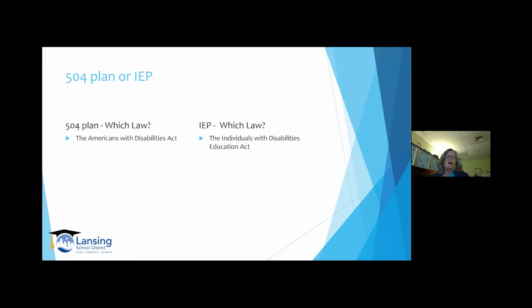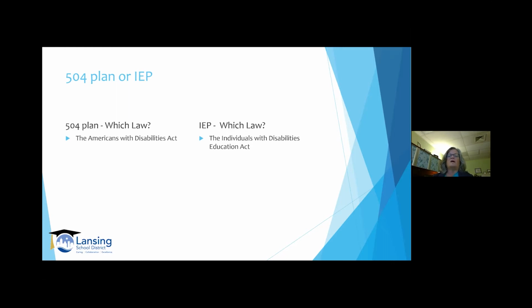So when we talk about 504 plans and IEPs, there are different laws that govern each of these plans. And so in talking about them, which law? In 504 plans, we talk about this through the Americans with Disabilities Act. The regulations that implement this act fall under the Enforcement Division of the Office of Civil Rights.